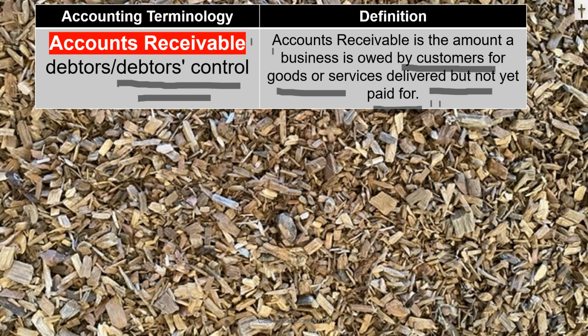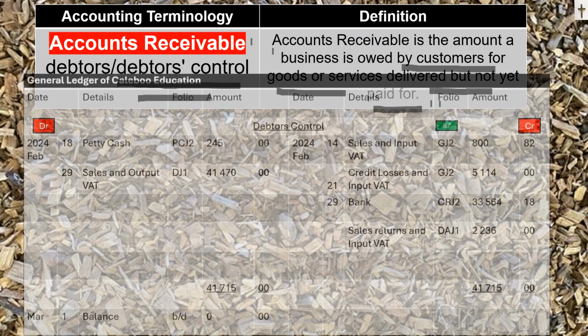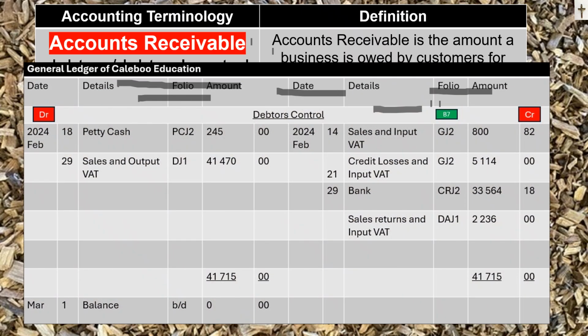So those customers that have an account with us, their details will be summarized in the accounts receivable account, what is owed to us. So a general ledger account will look like this. I'm using the name debtors control. Quite often the name accounts receivable is used, but it doesn't matter once again what the name is.